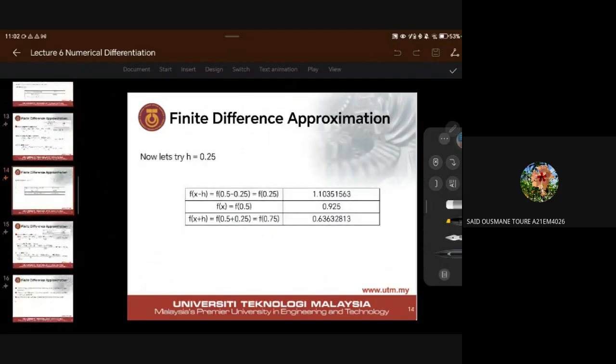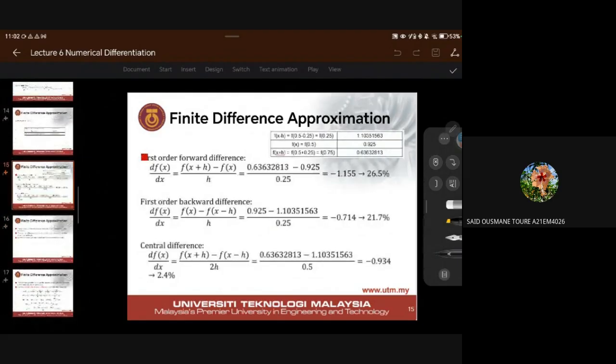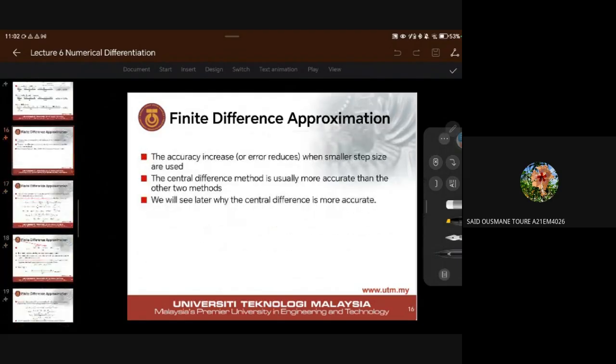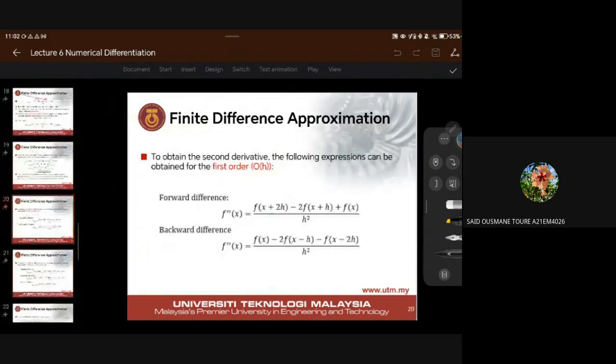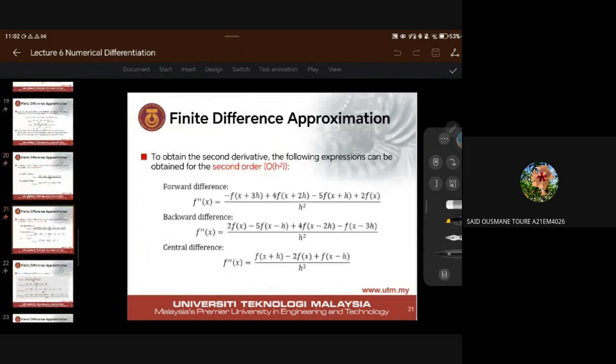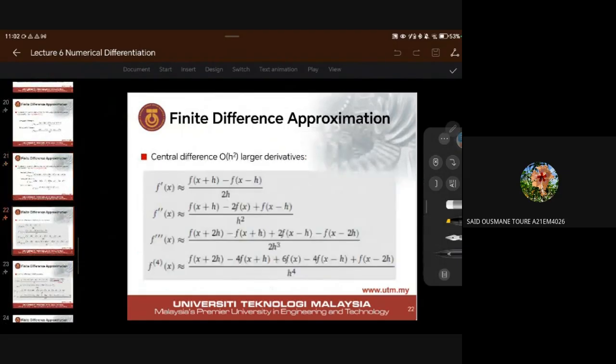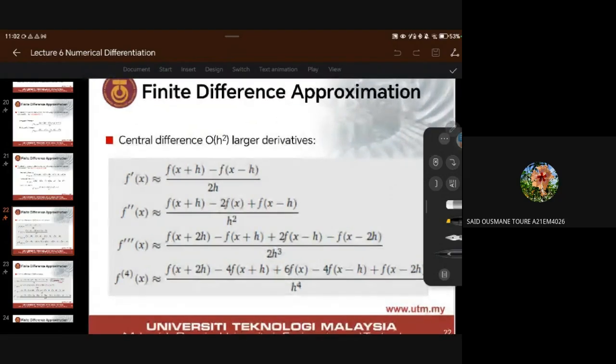Accuracy increases. Forward difference. Okay, let me check. From what I understand, you need to follow this method. Yes. Central difference. Yes, this one. You just need to follow this one.